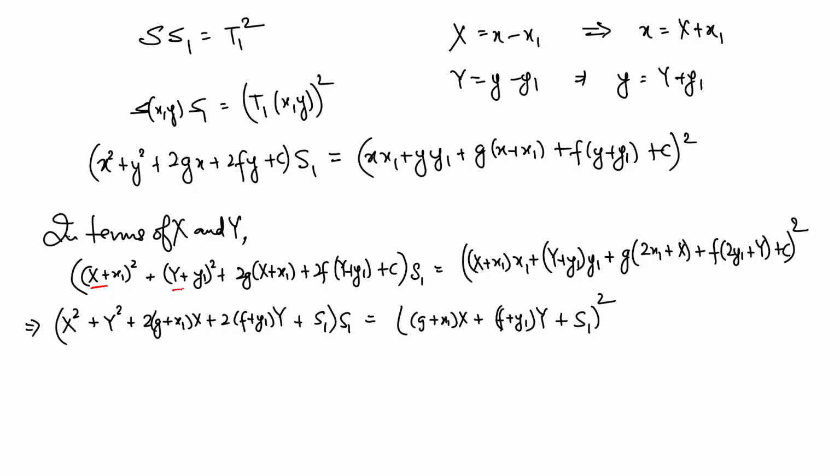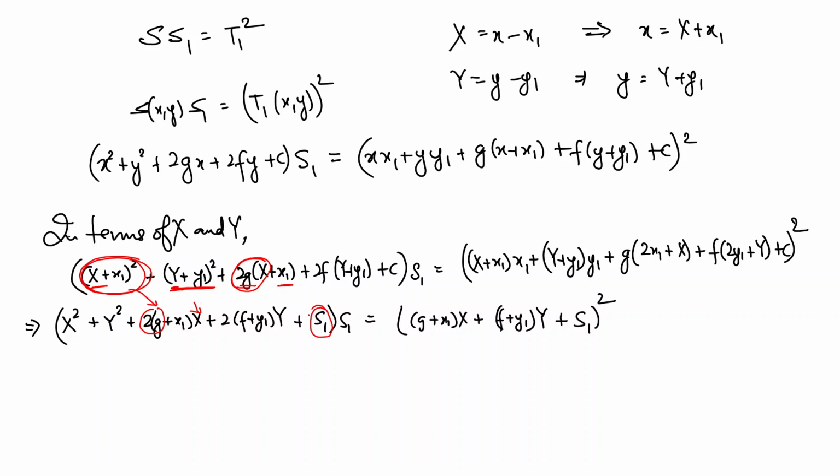So you get X squared, Y squared, you get 2gx1, and you get a 2gX from here, which is here, and you get a 2x1X from this expression. Similarly for Y. Okay, take a look at this.